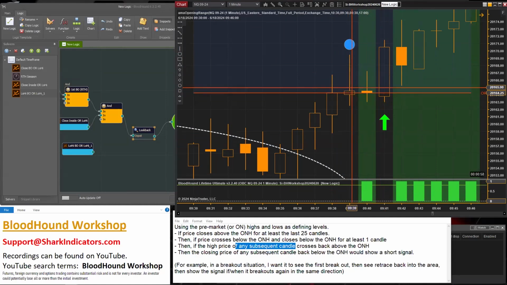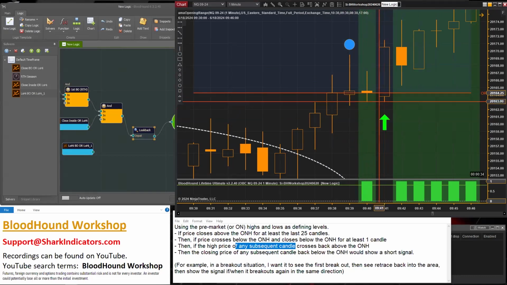So I took the output from this bar closing inside the range and then shifted it forward onto the next bar, because on this bar, the close is on the range. It's no longer inside the range.